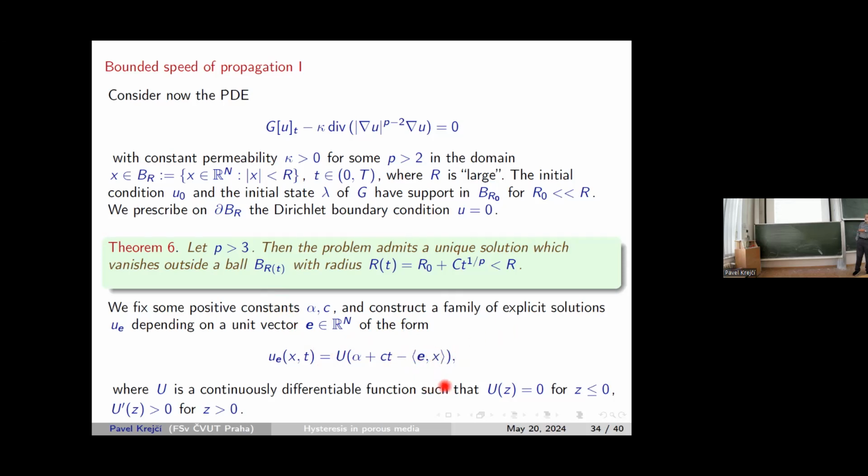And U will be a continuously differentiable function, U of z equal to 0 for z less than or equal to 0, U prime of z positive for z positive. And we will try to find a function such that this is a particular solution of the equation.